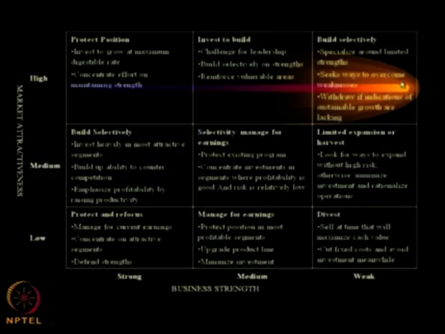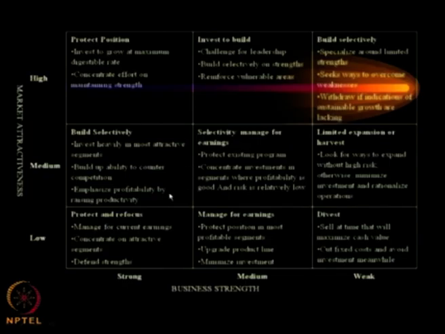This selectively building, that is the topmost cell here, and this selectively building is slightly different. Kindly note that. What do we mean by this build selectively? This is invest heavily in most attractive segments. So, find out which is the segment which is most attractive. Some product segment or market segment might be very attractive, invest in that.